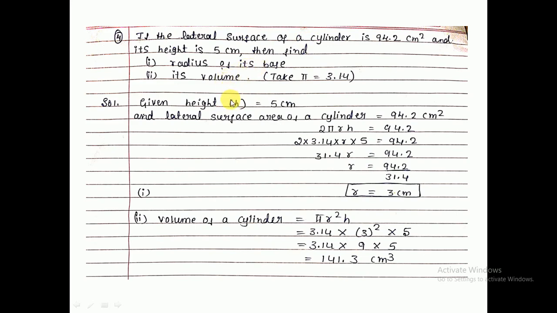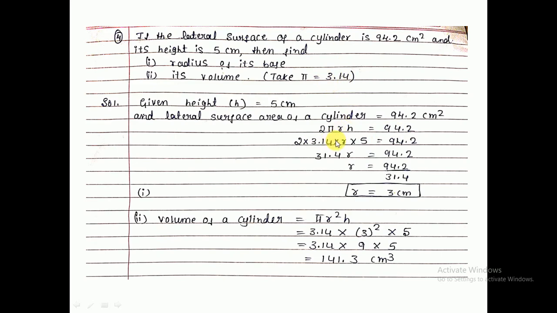Okay. So next, given height is equal to 5 centimeter and lateral surface area of a cylinder is 94.2 centimeter square. Lateral surface area, in the sense curved surface area of the cylinder, formula is 2 pi RH. 2 pi RH is equal to 94.2. Here you just observe 2 pi RH is already given, that is 94.2. So 2 into pi, pi is 3.14 as they have mentioned.